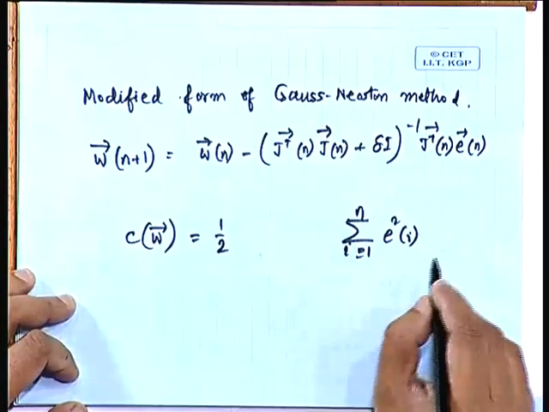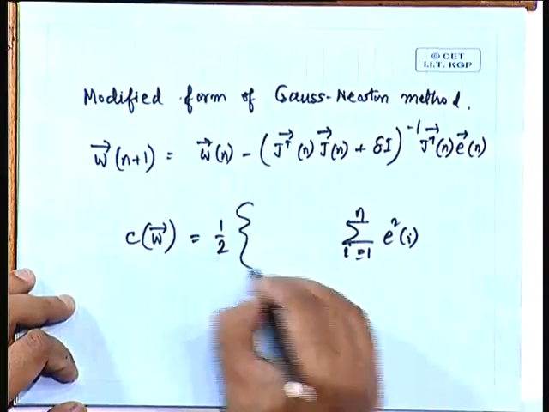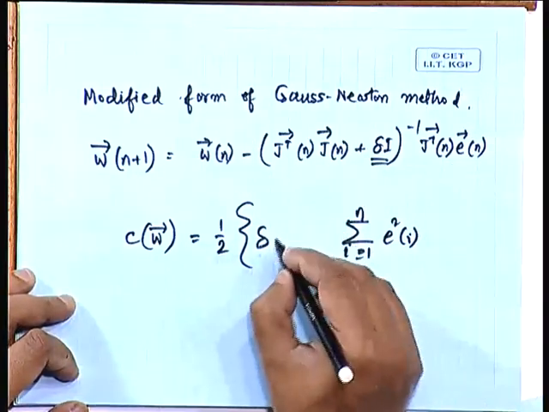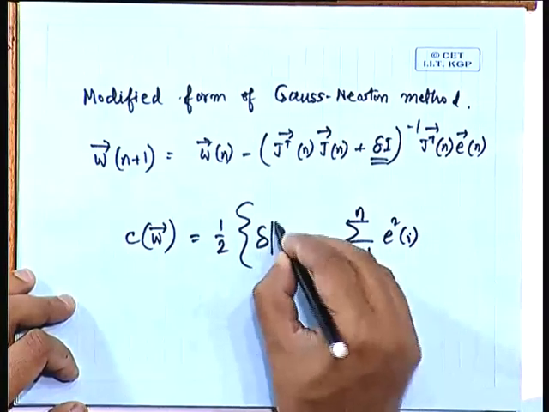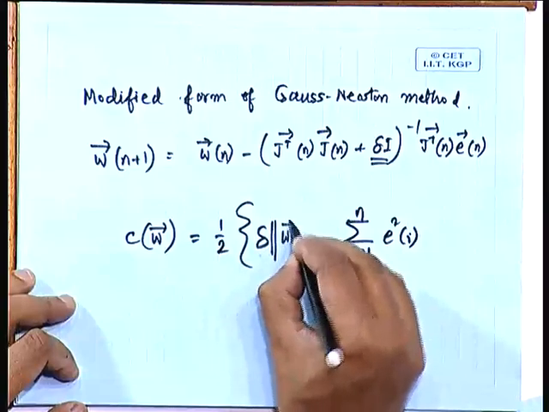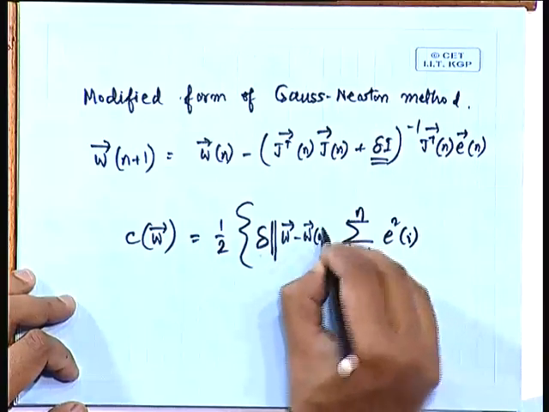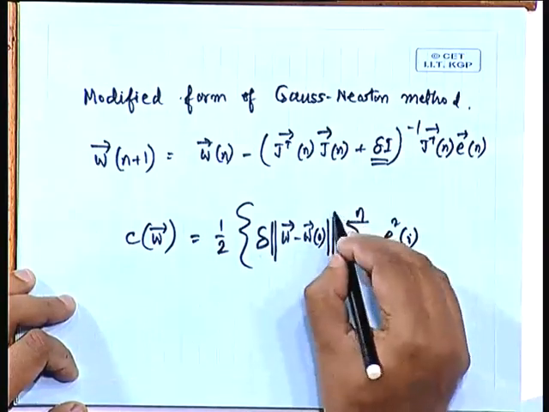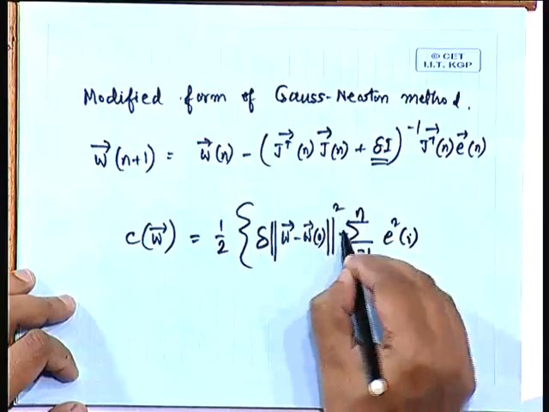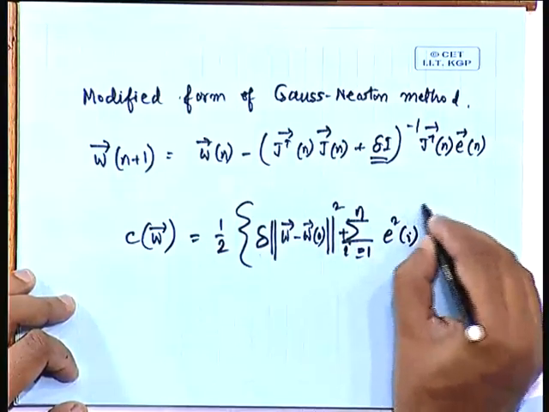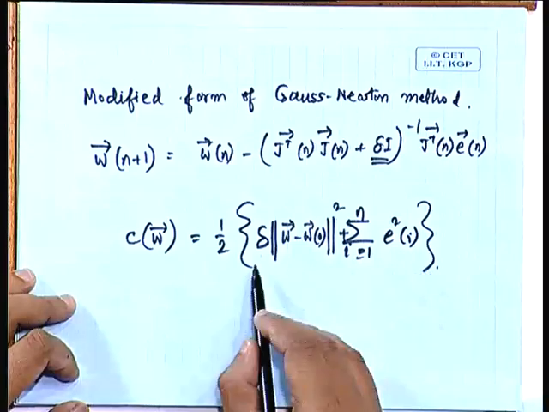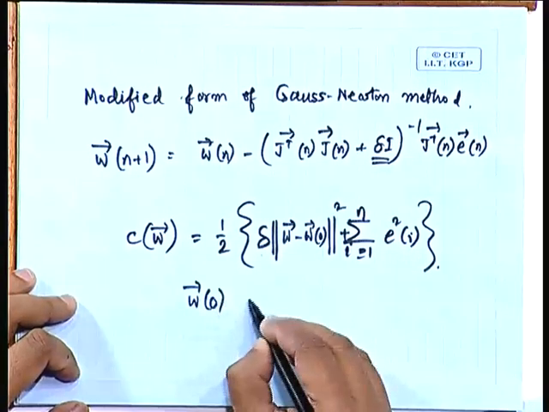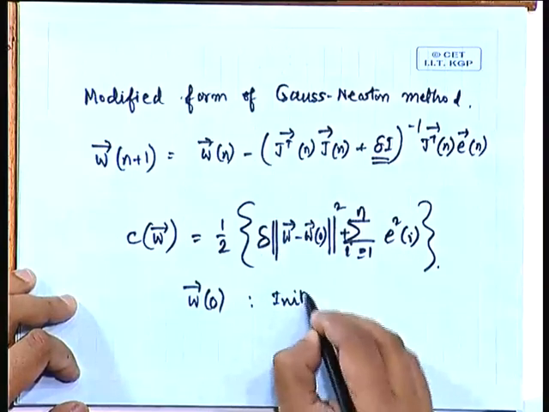But now, because of the introduction of this delta I, it becomes a solution of delta times the norm of W minus W 0 squared, where W 0 is the initial value of the weight vector, plus the sum of the squared errors. So, effectively it is a minimization of this expression.